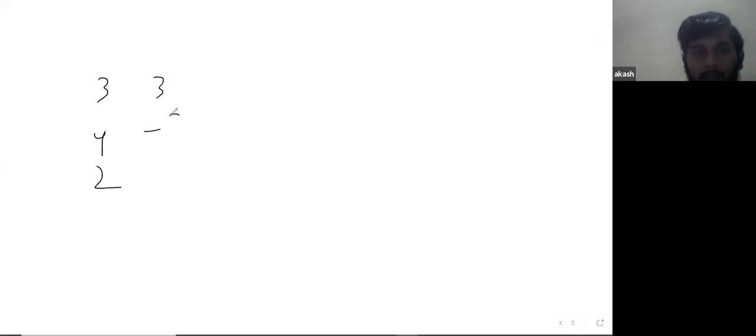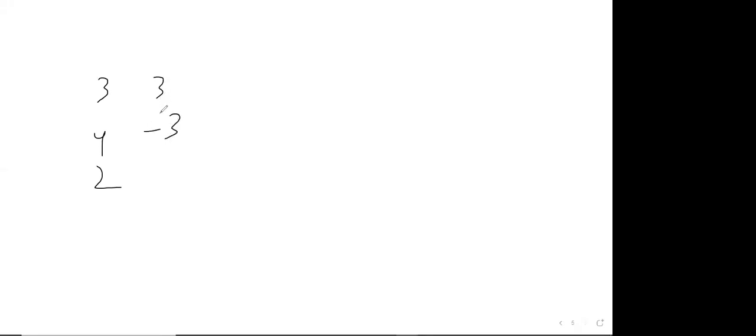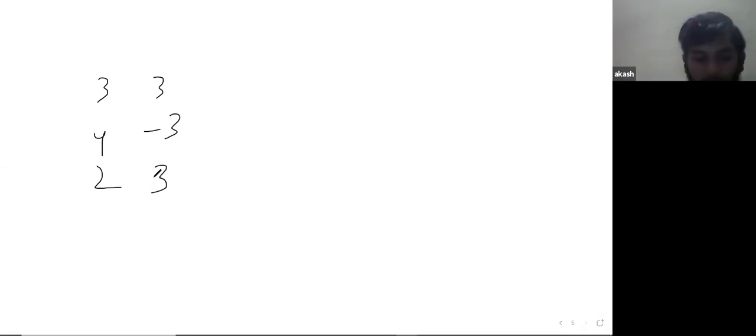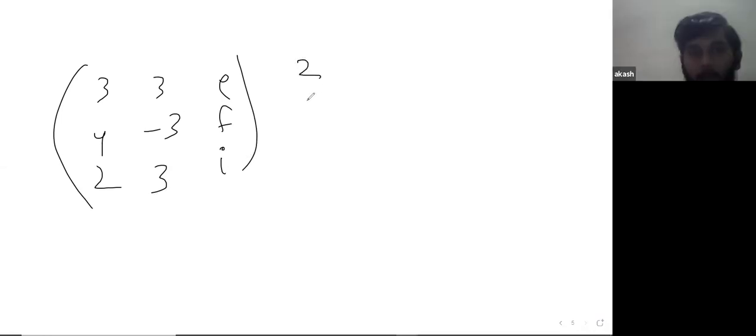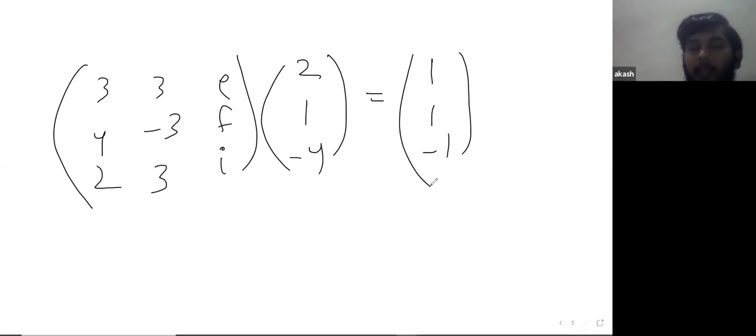We had the value of A, D, and G as 342, and we got B, E, H as 3 minus 3 and 3, and this is C, F, I. We are writing the third equation. The point 2, 1, minus 4 was transformed into the point 1, 1, minus 1. This point was transformed into this point by this transformation matrix.